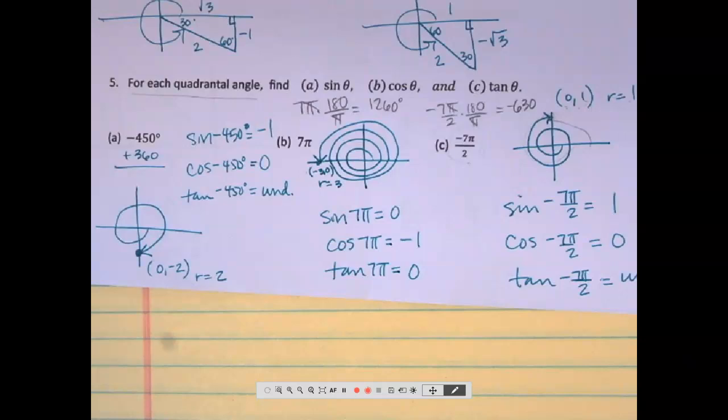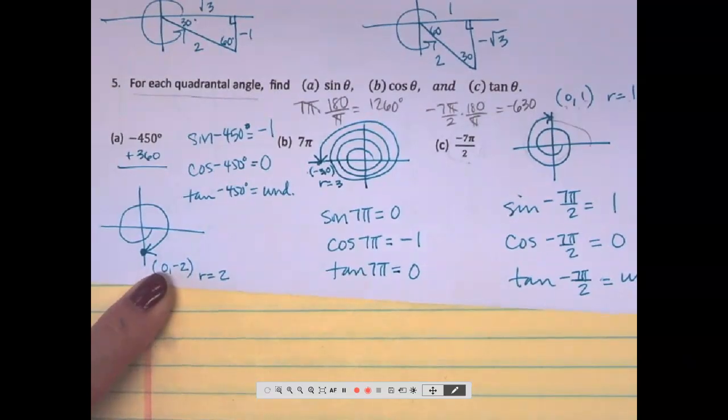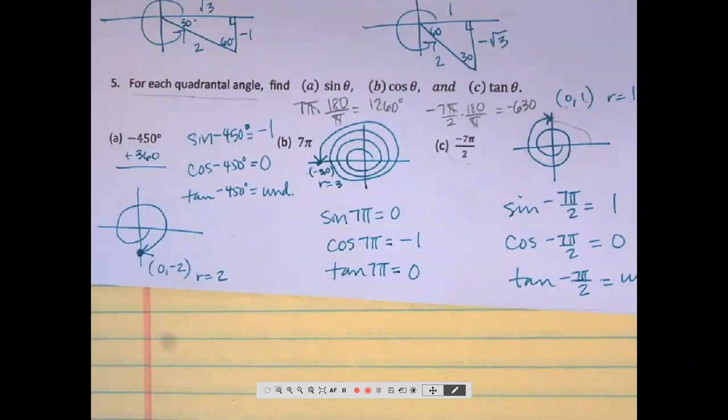How do you find x and y for that matter? Pick any point on that axis. I use different ones. I use 0, -2, then -3, 0, then 0, 1. Any point that is on the axis will work. And then just based on your point, you'll know how far it is from the origin, which gives you the radius.